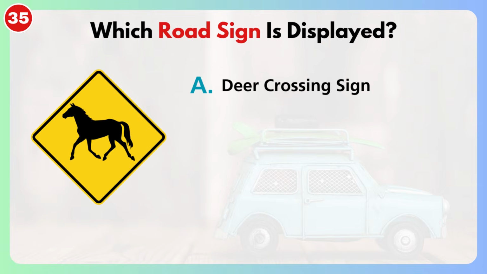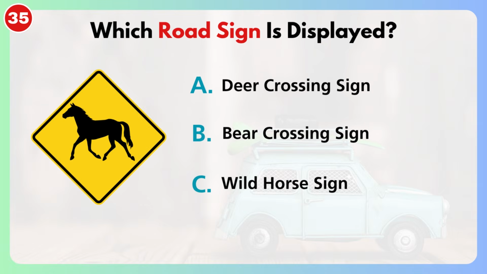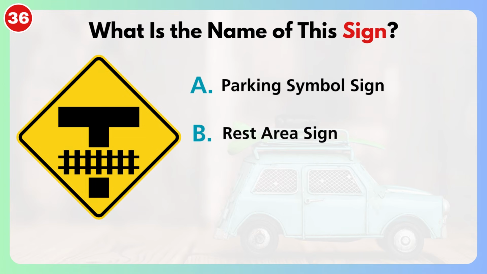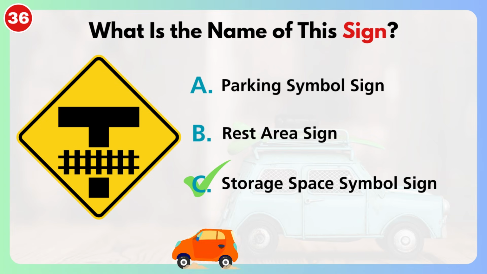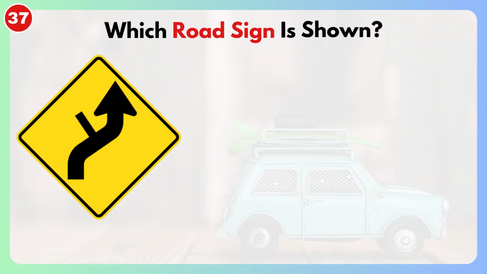Which road sign is displayed? Wild horse sign. What is the name of this sign? Storage space symbol sign. Which road sign is shown?